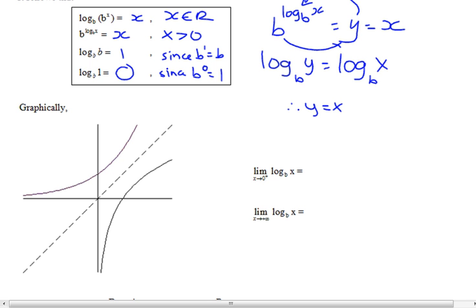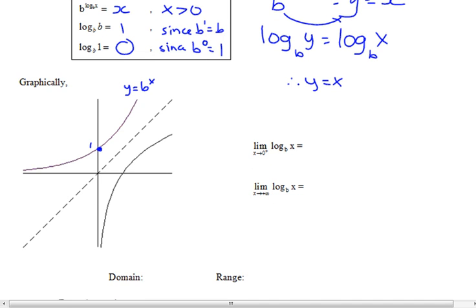Okay, so logs. We're looking specifically at y equals b to the x. We know that logs and exponential functions are inverses of each other, right? We talked about that yesterday. So this would then be y equals log b of x. So here are our two graphs. We're looking at our log graph.